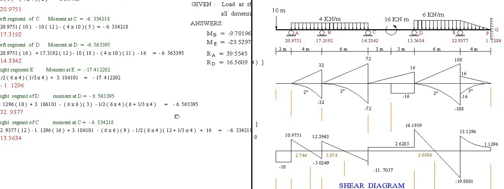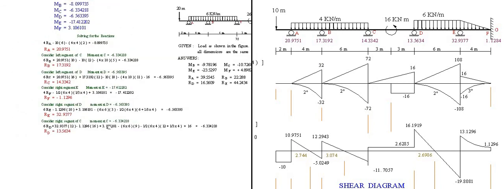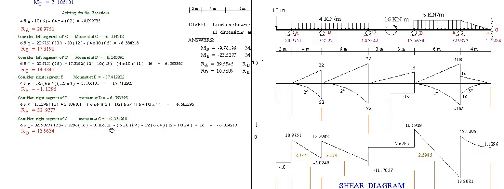Then we have one unknown, RD. Solving for RD, this is 13.5634.